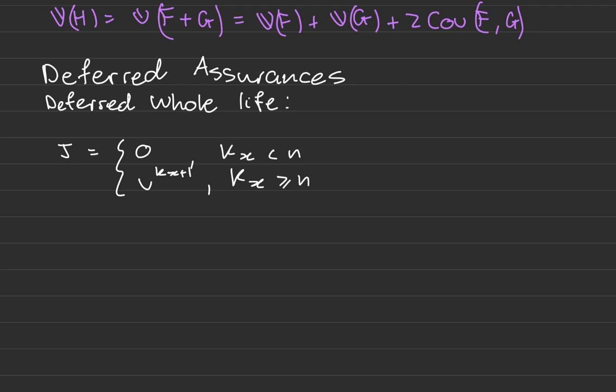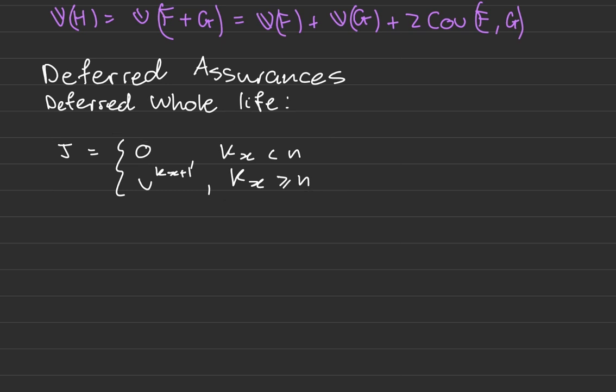Okay, so what I've essentially done now with the deferred whole life assurance contract is I'm saying that if the person dies within n years, I'm not paying them anything. But when they die after n years, no matter how long after n years, I will pay them. So I'm going to discount that by their curtate future lifetime plus 1. Okay, so that's the present value of the random variable for a deferred whole life assurance contract.